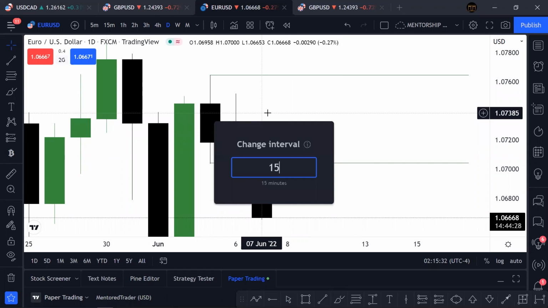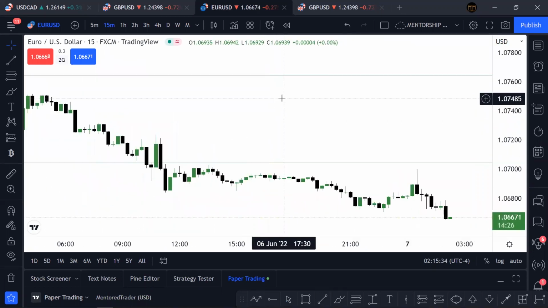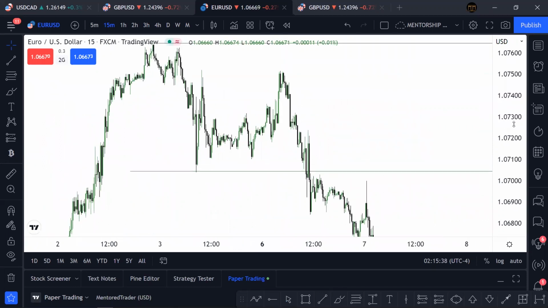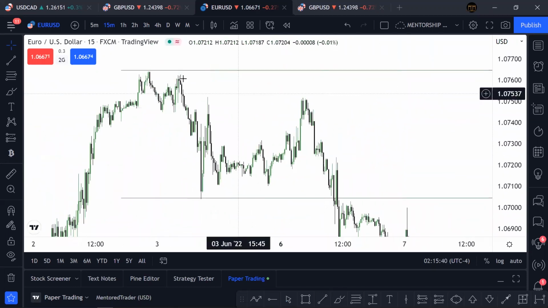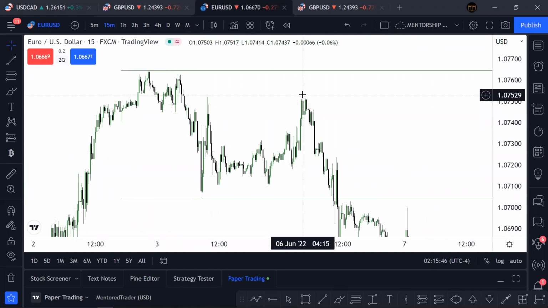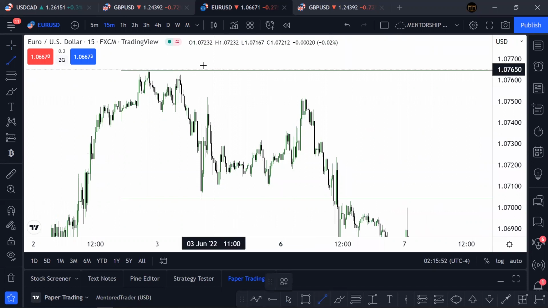Let me use a 15 minute chart for speed. Between this and this, what did I tell you to look for? If you see price rally, you're looking for an institutional level. I told you the 80 or the 50 level. I want you to mark both.